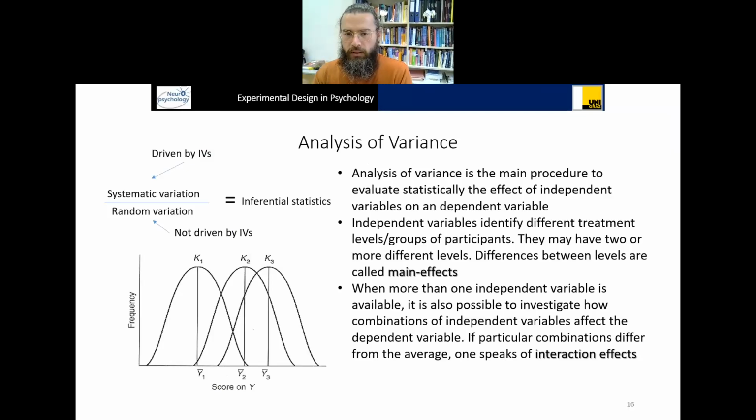And beyond the effects of each single independent variable, you may also have a look at specific combinations of these independent variables. So let's say one of your independent variables is sex, so you have male, female, and another one is, let's say, professional success. And you may also have two groups you may select of average individuals and highly successful individuals. So these are also two groups.